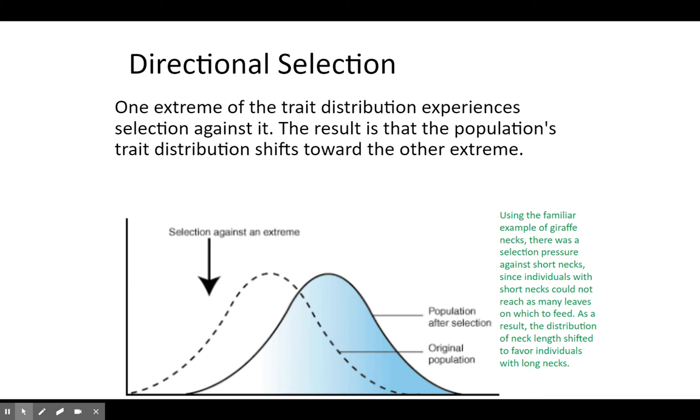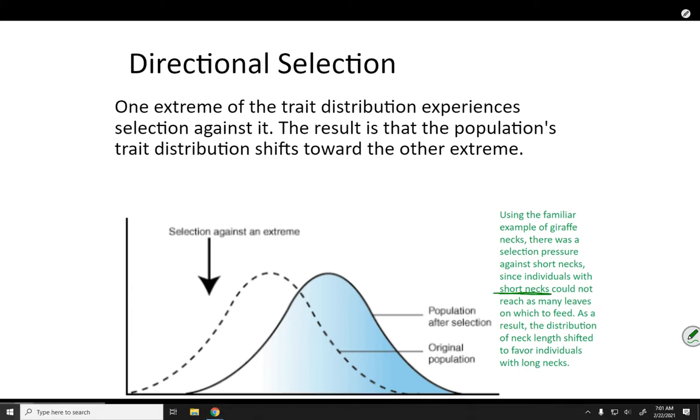Our example over to the right side says, using the familiar example of giraffe necks, there was a selective pressure against short necks, since individuals with short necks could not reach as many leaves on which to feed. As a result, the distribution shifted to favor individuals with long necks.